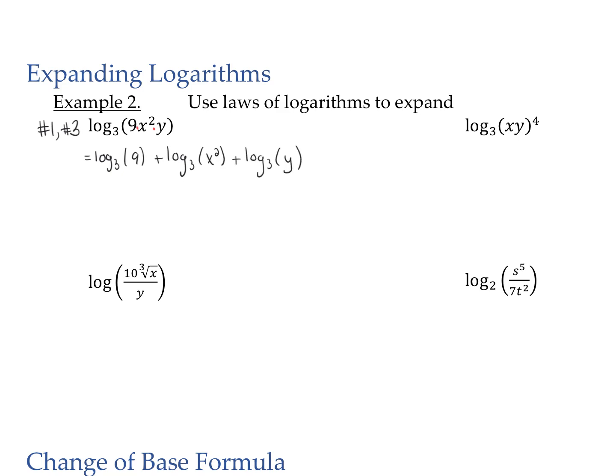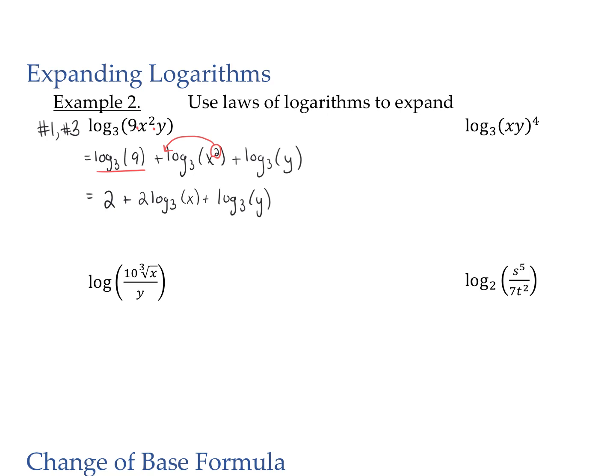If I have a product of logarithms, I add the individual logarithms. Now, I can't really do anything with the x and the y other than this exponent right here can come down. But I can also evaluate log base 3 of 9. It's just 2. So I have 2 plus 2 log base 3 of x plus log base 3 of y.